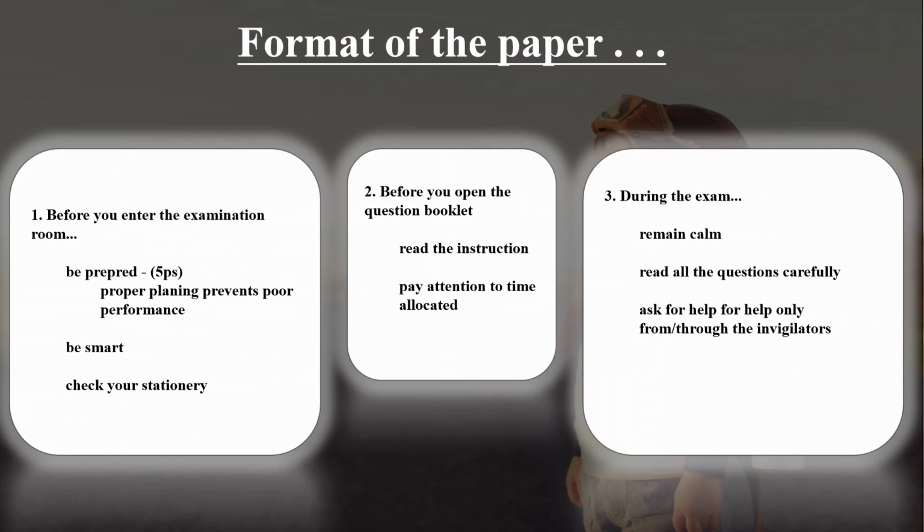If you have not planned properly, you are going to have poor performance. But if you have planned properly, you are going to prevent poor performance. Secondly, I want you to be smart. When you are going to sit for the examination, check your stationery, whether you have calculators, pens, pencils. Check everything necessary for the examination.